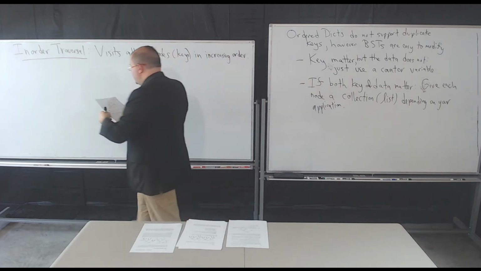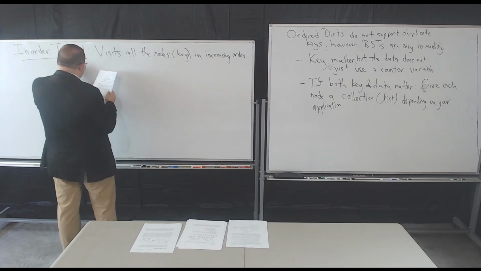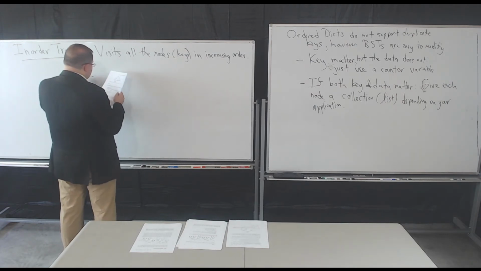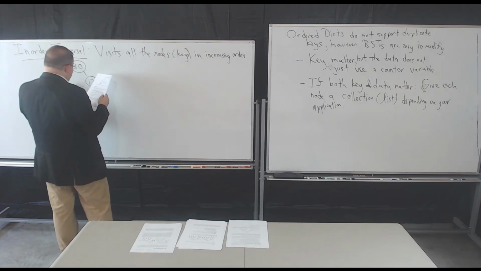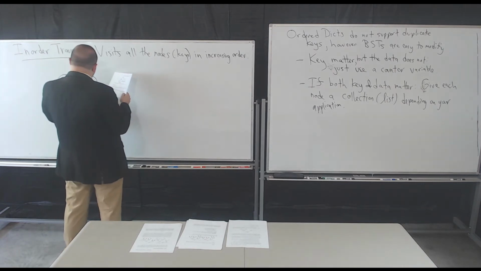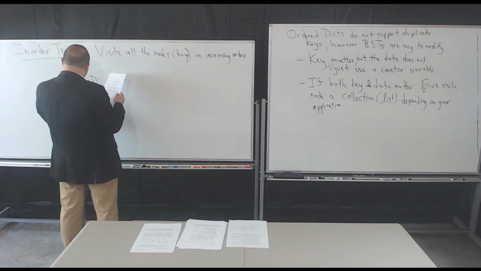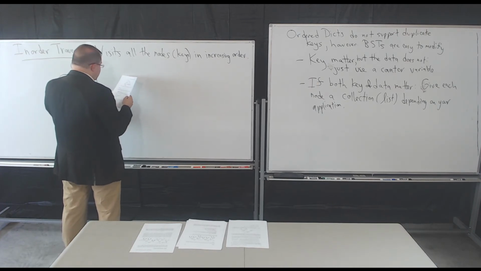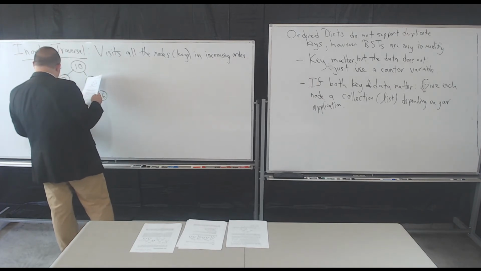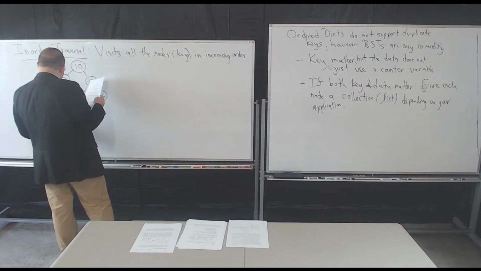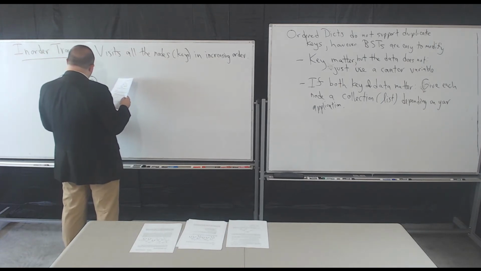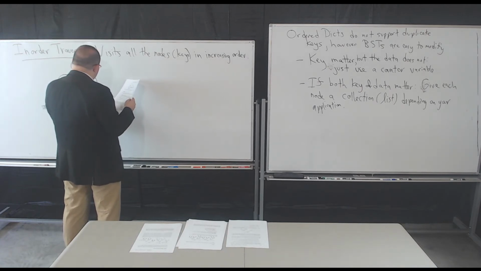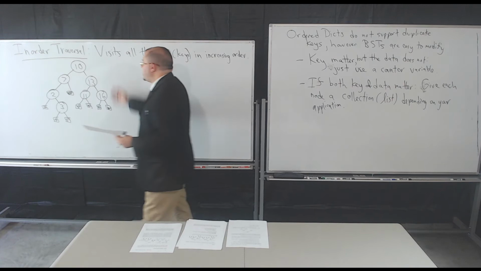So just as an example, if I draw a tree that looks like this, so I have my binary search tree. Then we'll have 11, 16, and then I think I'm going to have a right child 3. Okay, so here's my binary search tree.